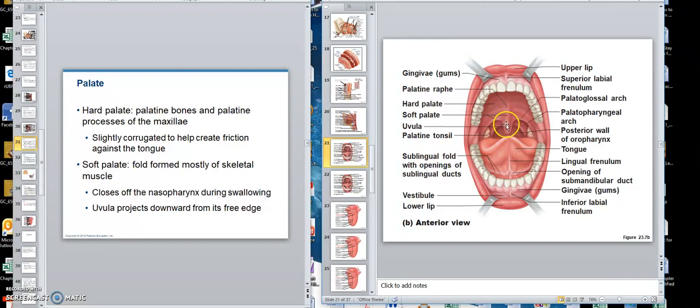That's the uvula right there. The soft palate closes off the nasopharynx during swallowing. Remember we did that in respiratory, that you would shift the palate back to close the oropharynx from the nasopharynx so food would not go out through the nose. The uvula projects down.